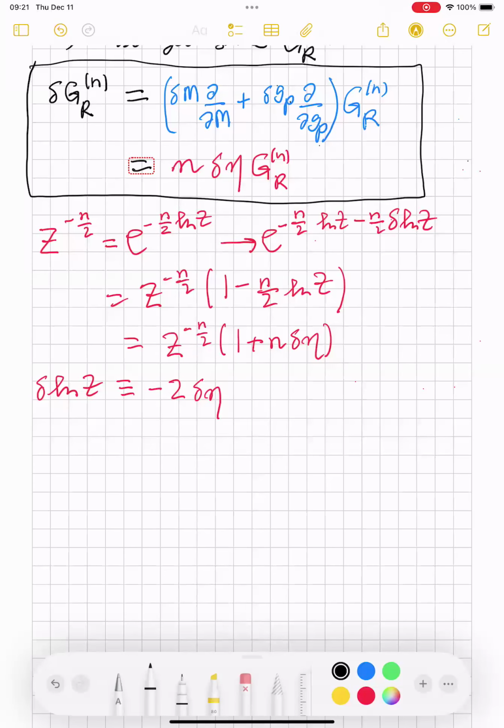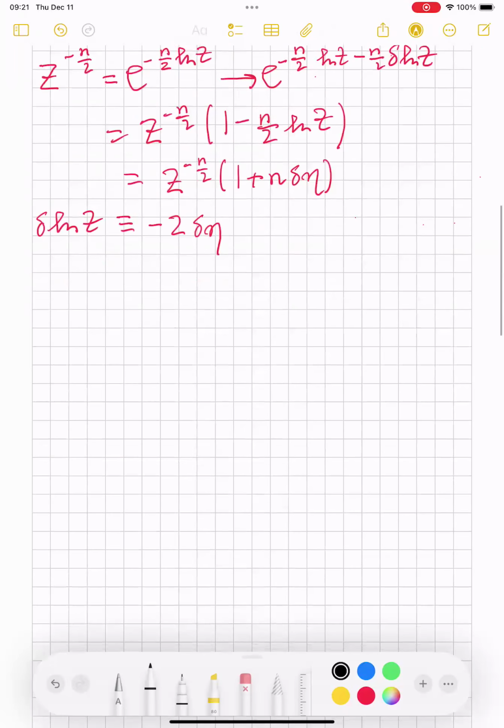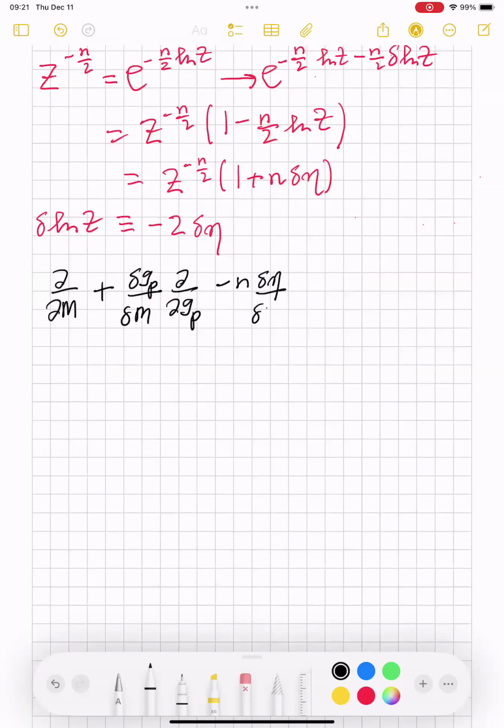Okay, so let's just write down the Callan-Symanzik equation in the form that it's usually written. So we have a d by dm, plus delta gp delta m d by dgp, and then we have a minus n delta eta delta m, and this is acting on Gn normalized equal to 0.